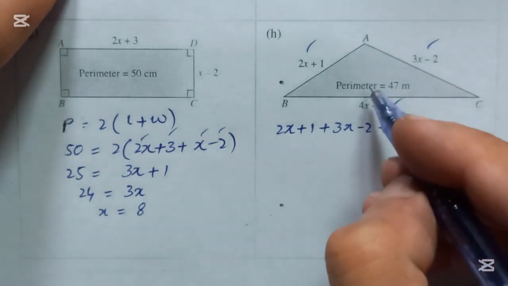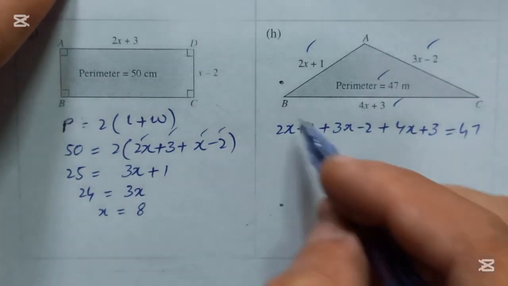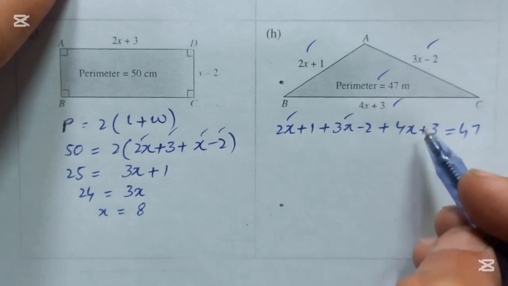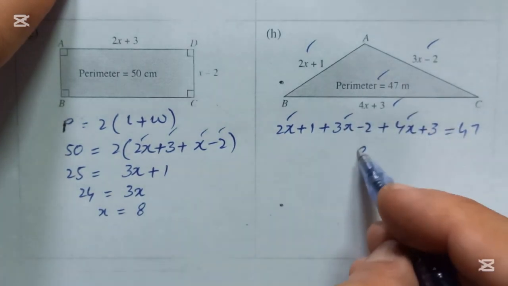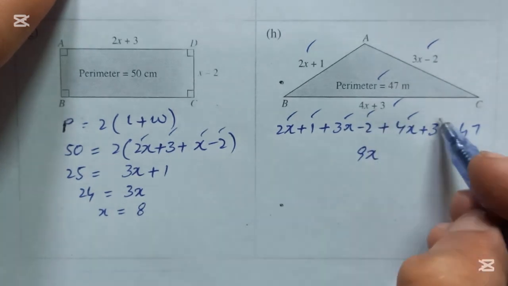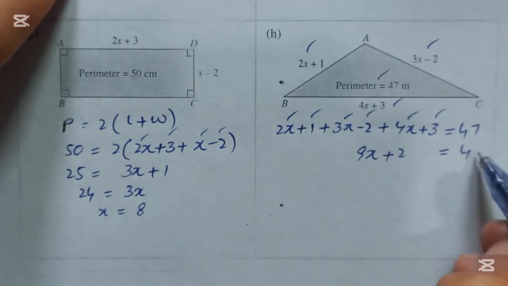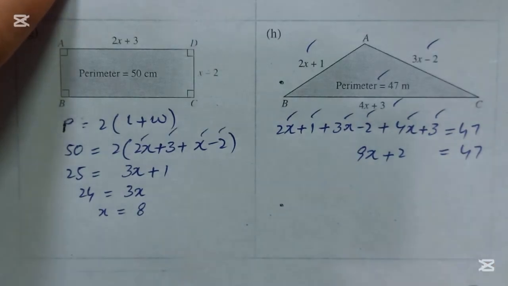This should be equal to 47. And from here you will solve it. 2x plus 3x is 5x, plus 4x is 9x, plus 1 minus 2 plus 3 will be equal to 47. So solve it further, you will get the answer of x.